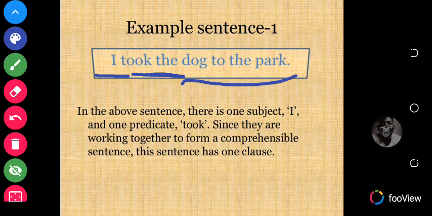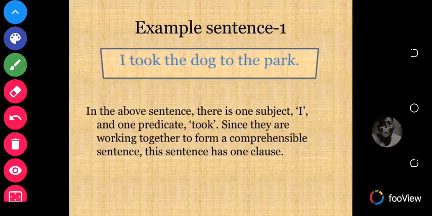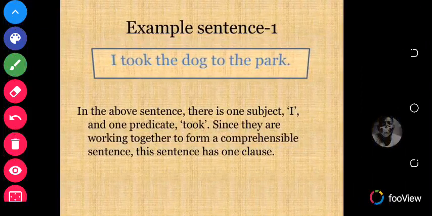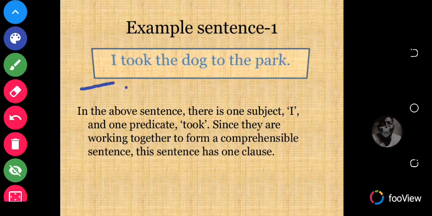So a clause, let's go back. A clause is a subject and a predicate working together. So in this example, we can see a subject, and we can see a predicate working together to form a meaningful sentence. And this is what we call a clause. A subject and a predicate working together.